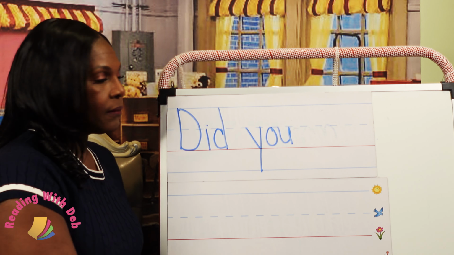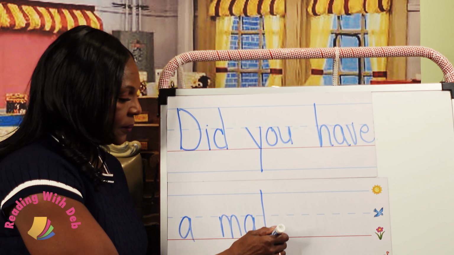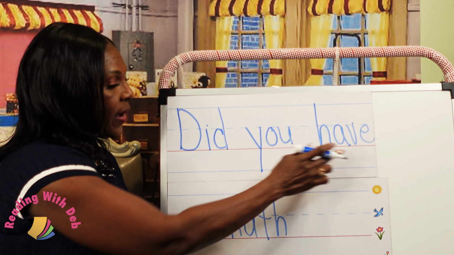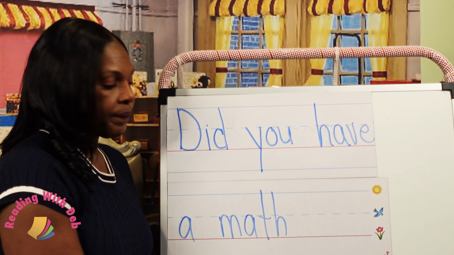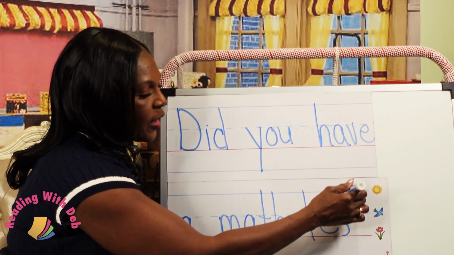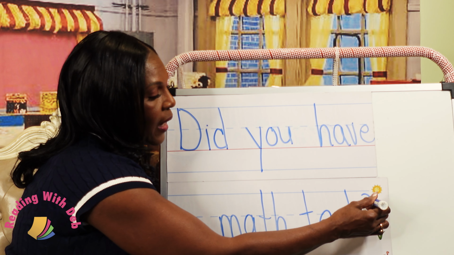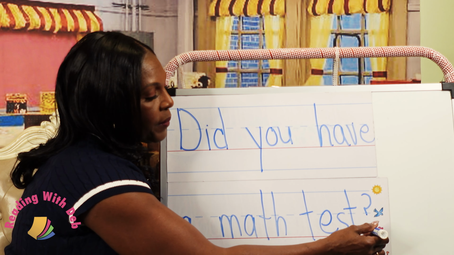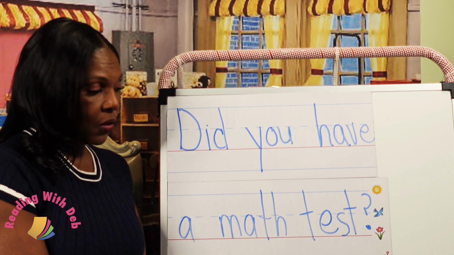Did you have a math. A. Math. T-H. Did you have a math test? That's the E. Test. Test. And then another T. Now, I'm putting a question mark because this sentence is asking something. It's asking, did you have a math test? So we put a question mark.